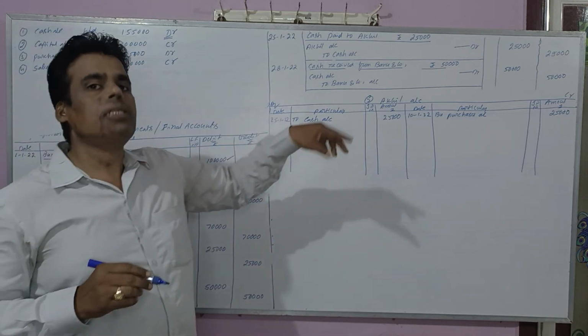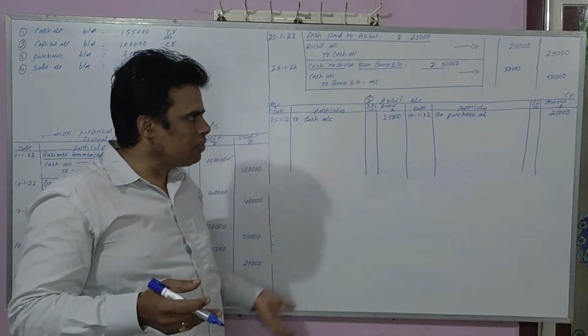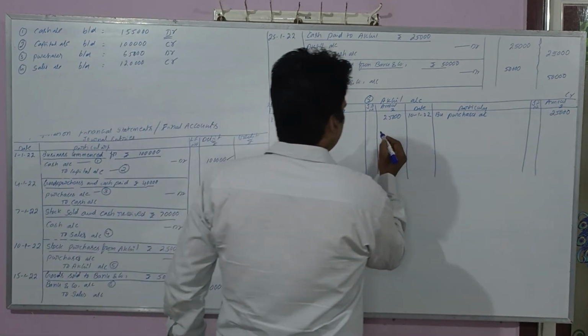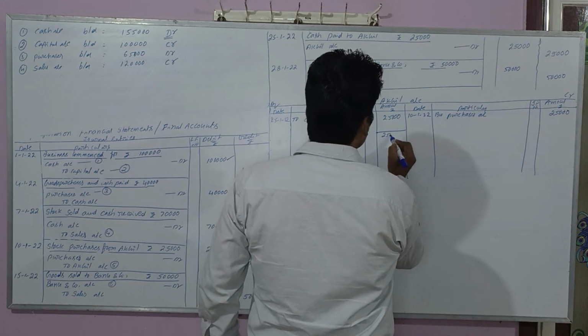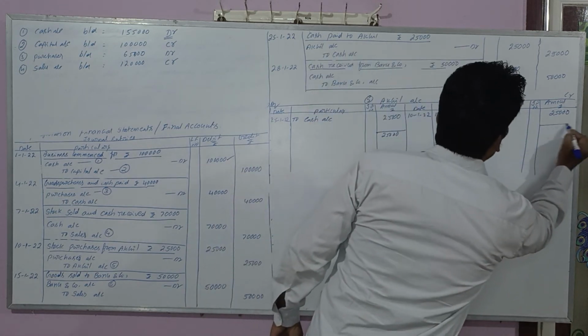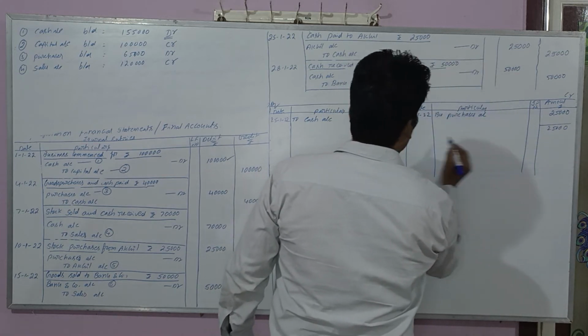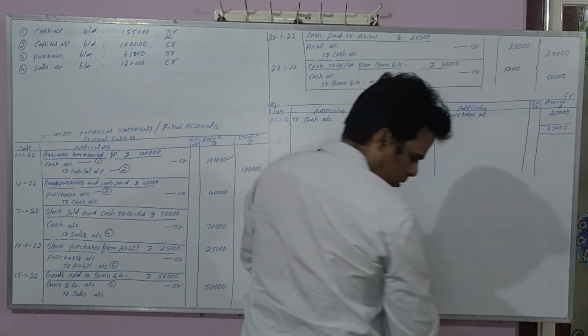But in this account, there is no difference. Then both sides are tallied. That's why debit is 25,000 and credit is 25,000. The account is closed.